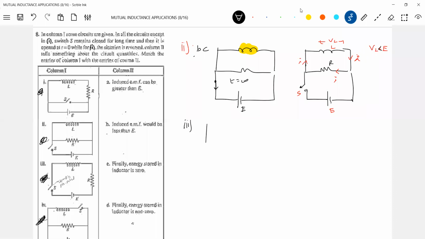Third diagram is... now here there will be energy in the inductor, so you can write UL.